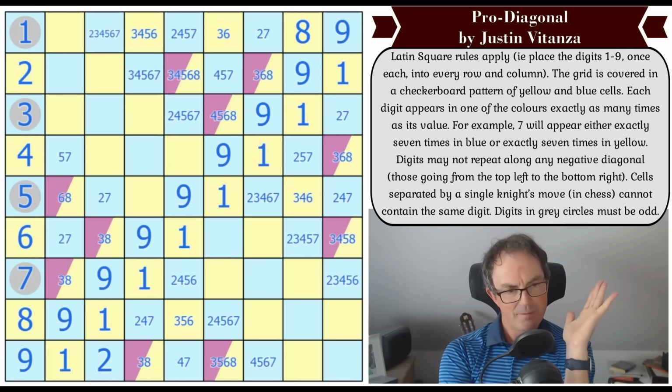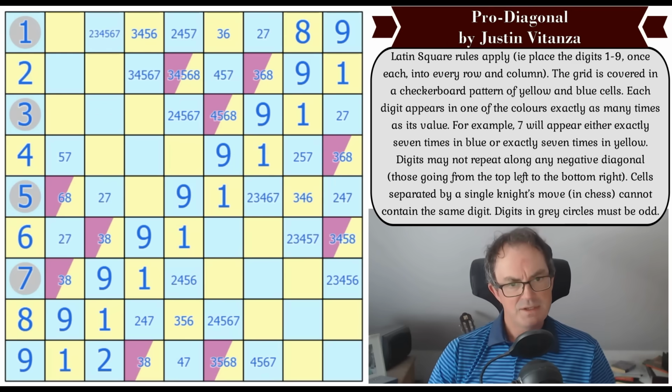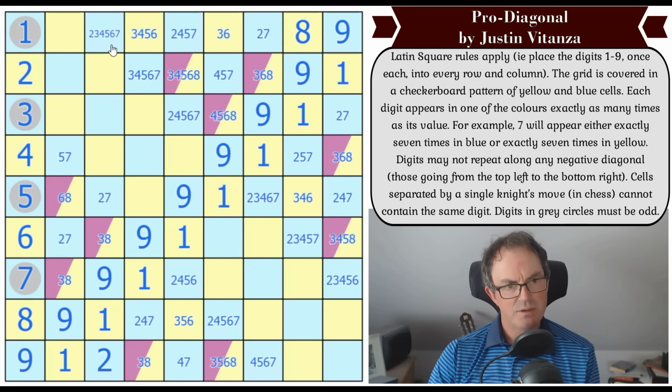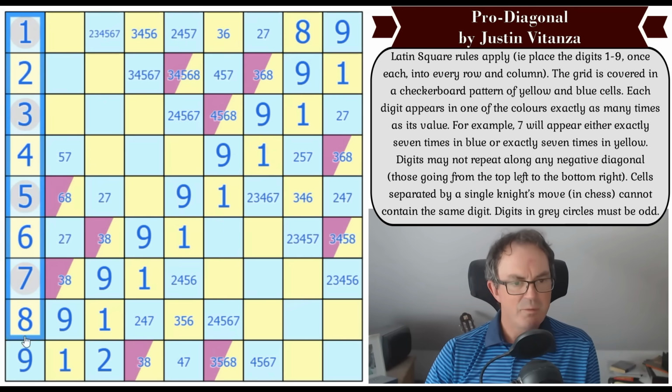So how do we do this? Is there some sort of restriction? I've already put 3. It must stem from here, mustn't it?